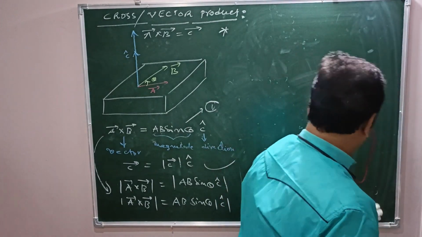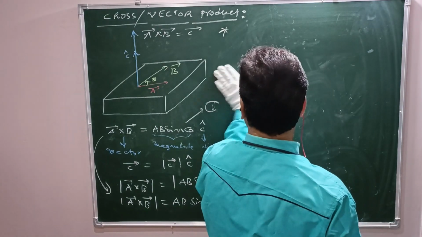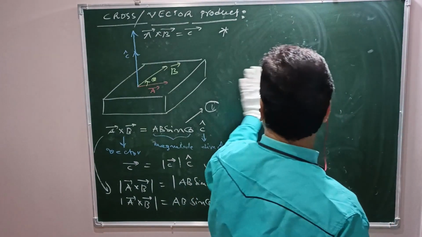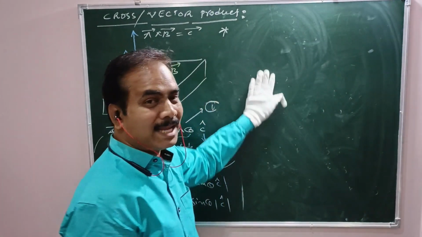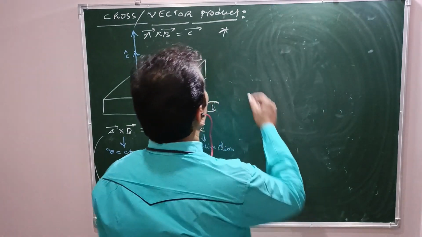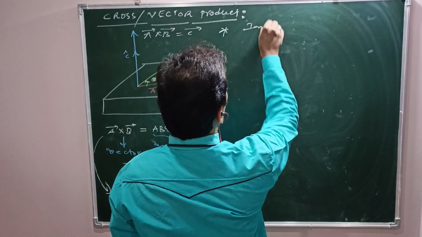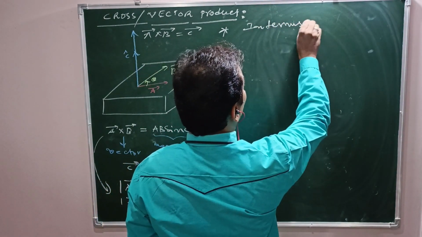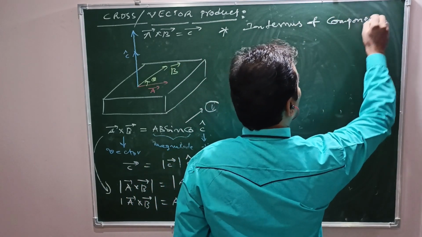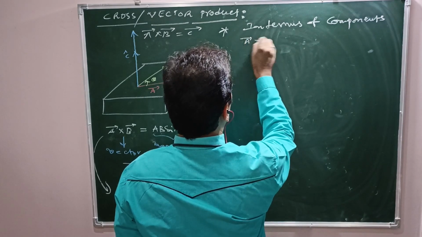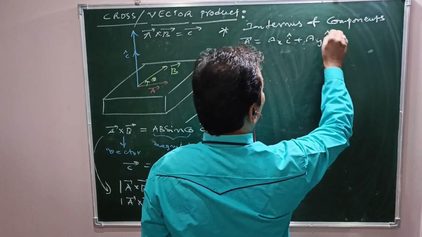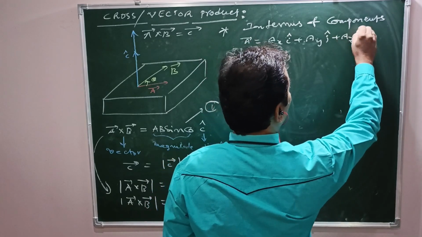Now, in terms of components, suppose A bar, B bar. How to get A bar cross B bar in terms of components? A bar equals Ax i cap plus Ay j cap plus Az k cap.